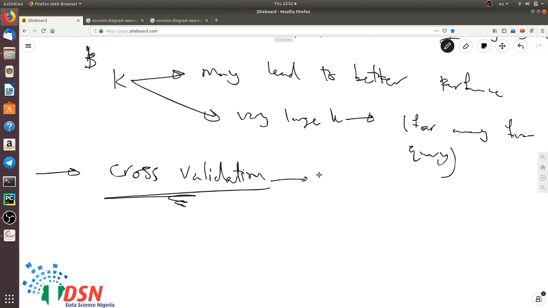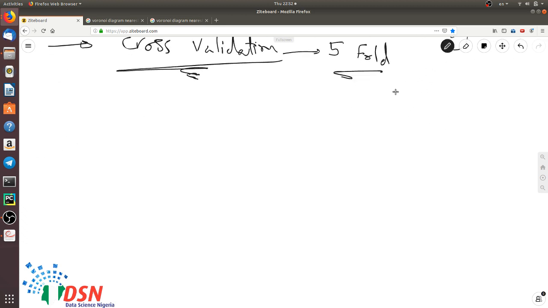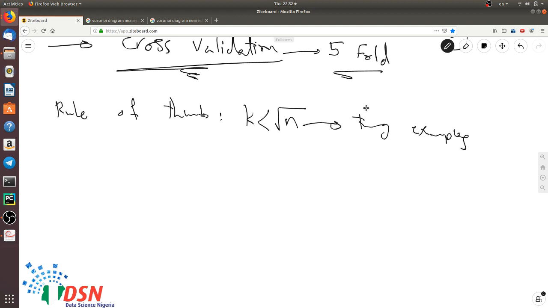For example, you could use 5-fold cross-validation or n-fold cross-validation to select a suitable K. But there is also a rule of thumb to set K. That rule of thumb is that K should be less than the square root of n, in which n is the number of training examples.